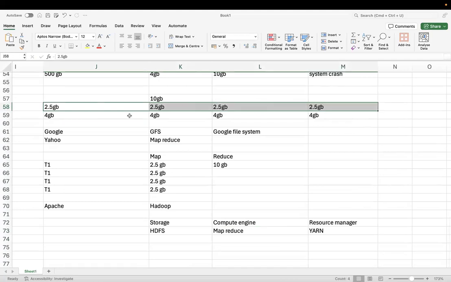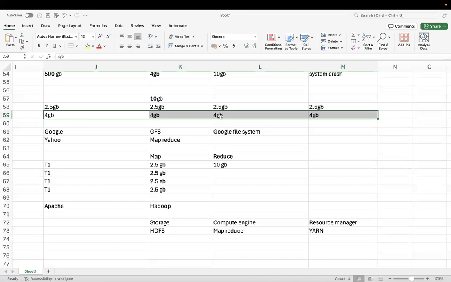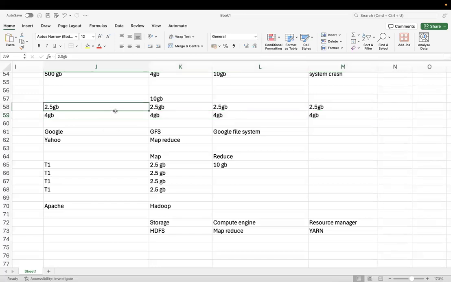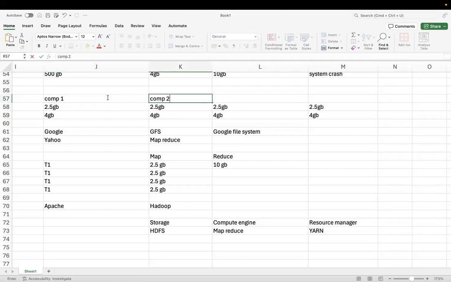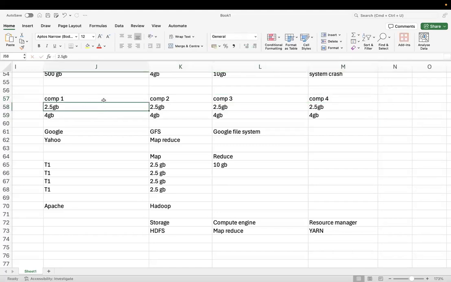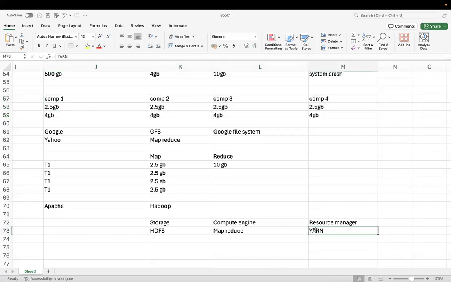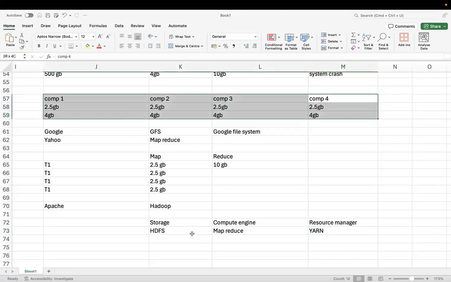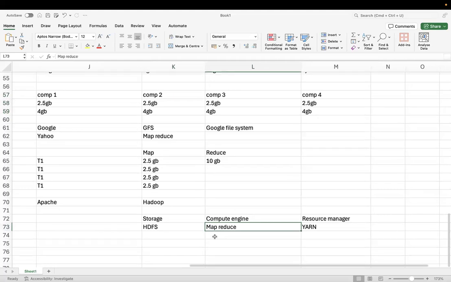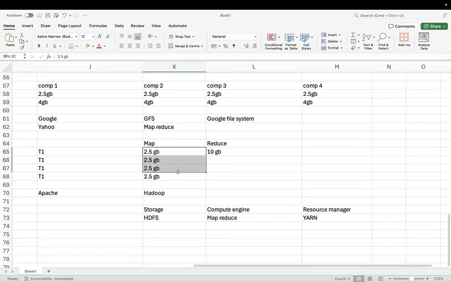Each of them is going to consume 4 GB of RAM, which means this is a single machine. This is computer 1, this is computer 2, this is computer 3, and this is computer 4. Because we require four computers, YARN is going to provide the four computer resources to the MapReduce to process this 2.5 GB of data.